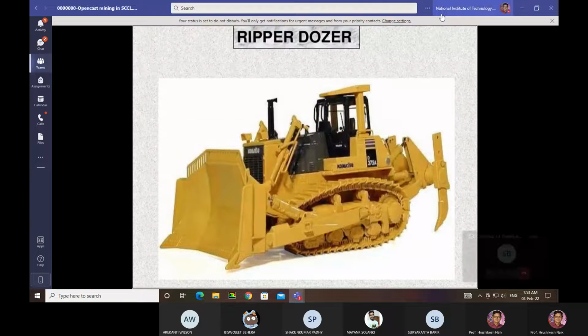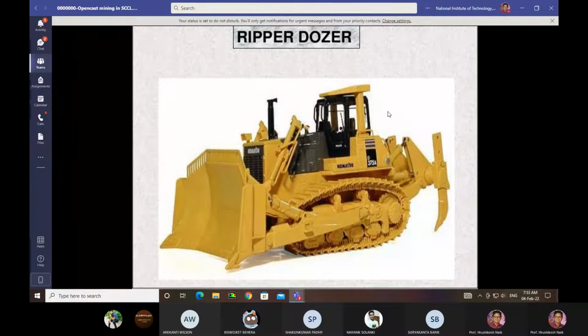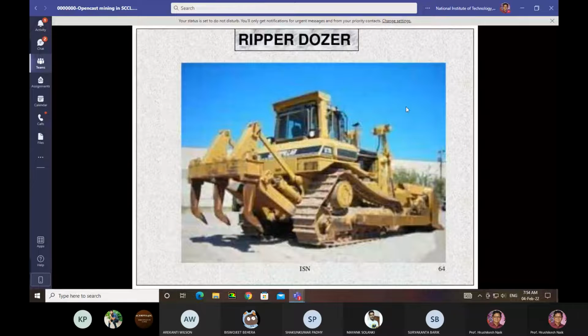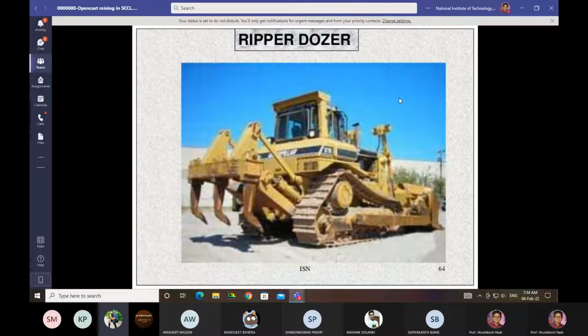So, in the previous classes, we have discussed the various types of auxiliary equipments. So, Reaper Dozer is an auxiliary equipment which is used in surface mining for the reaping purpose.